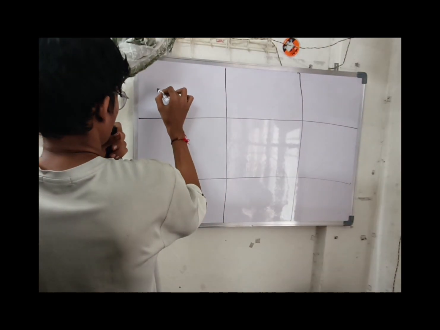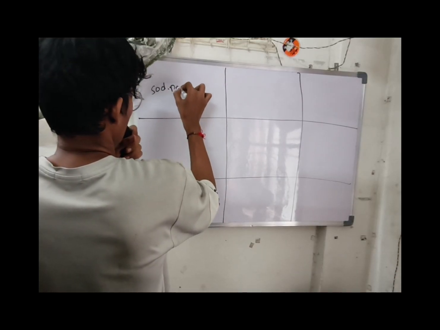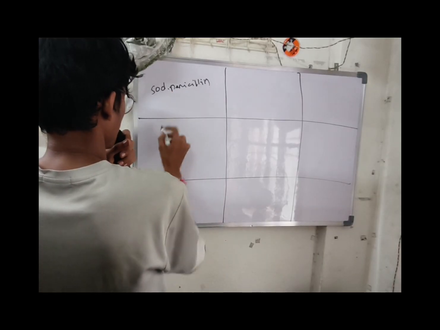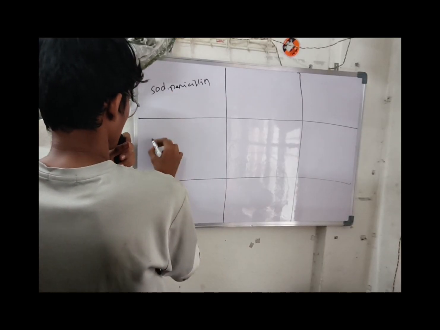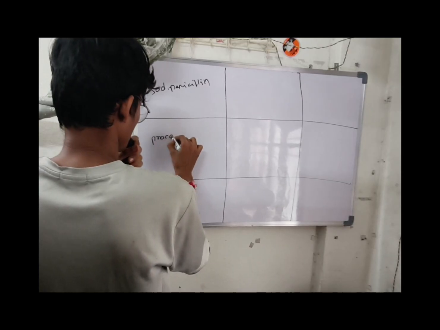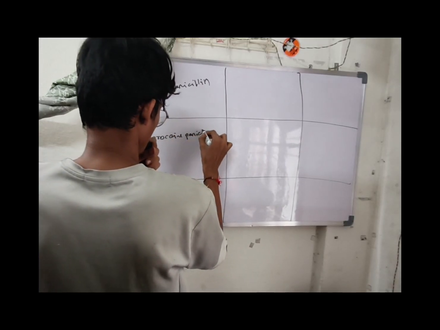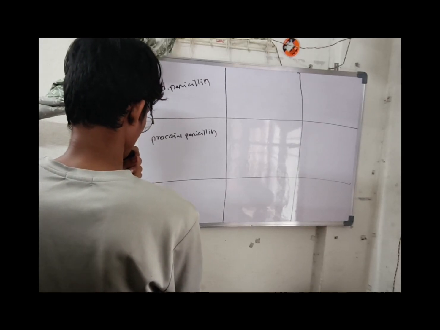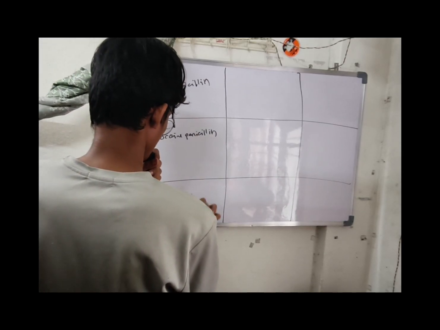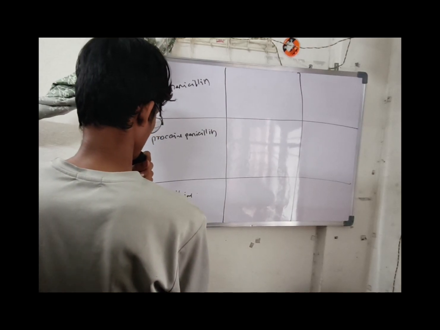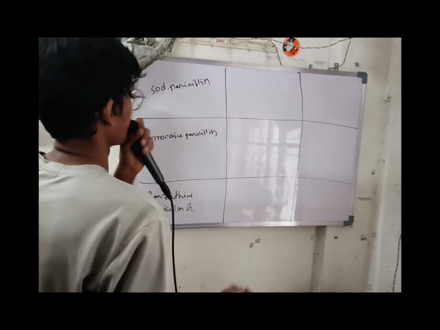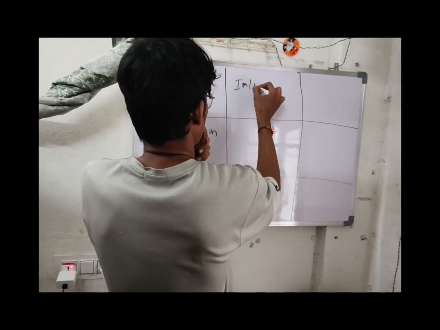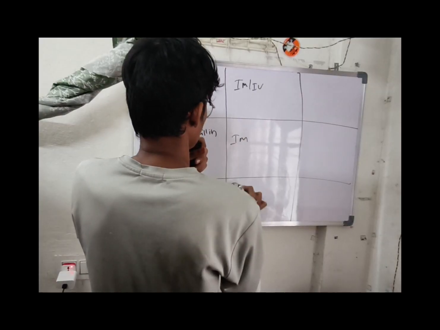In the first write sodium penicillin, this is the crystalline form, then procaine penicillin and benzathine penicillin G. Sodium penicillin we can give IM or IV.